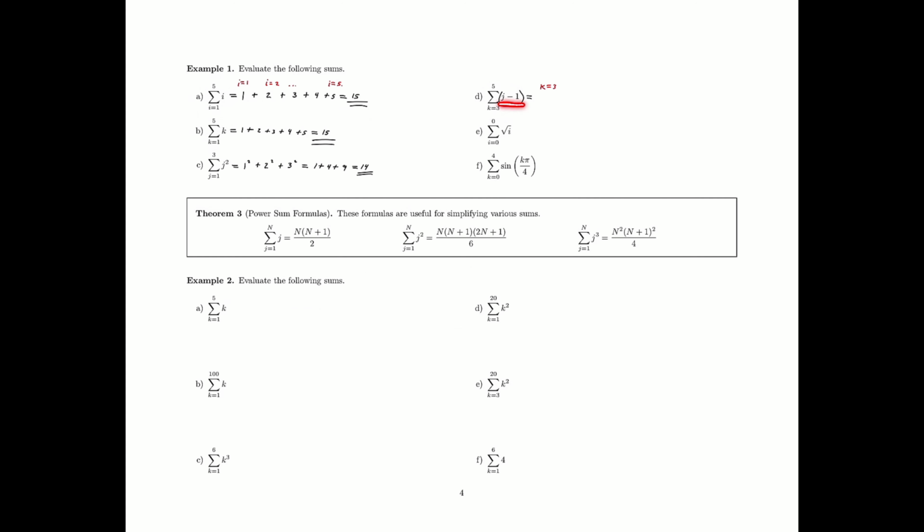Well, there is no k to plug into, so we just get j minus 1. Then we should plug in k equals 4, but there is no k, so we just get the same thing. Plus, again, k equals 5, but there is no k, so we again get another copy of j minus 1. So altogether, we have 3 copies of j minus 1. And that's the sum.